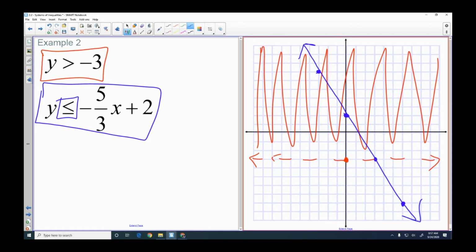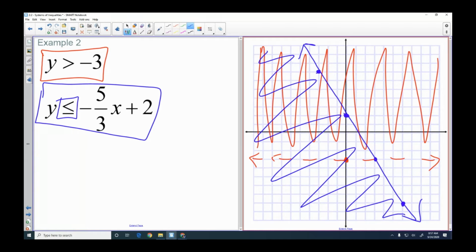It's a less than symbol. So less means below, underneath it. So underneath this line would be this entire region here. So that's the less than area. And then look for the double shading. Where do I have both of my colors, the red and the blue shading?